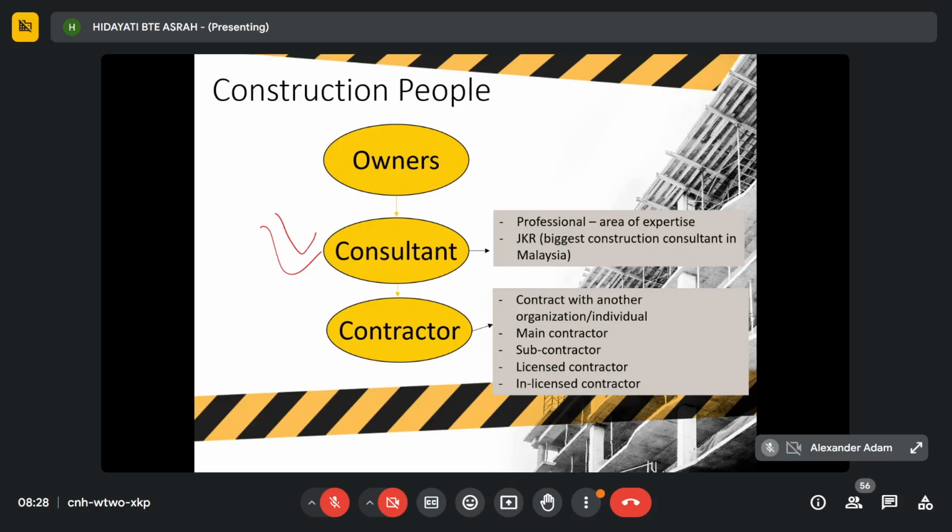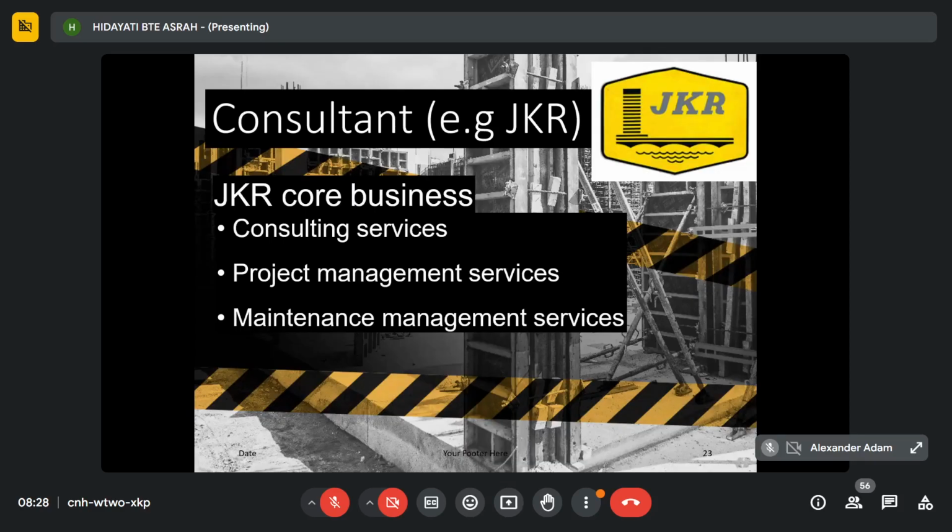An example of a professional consultant is JKR. This is the biggest construction consultant in Malaysia. Normally we also have private consultant companies, but the biggest construction consultant in Malaysia is JKR.